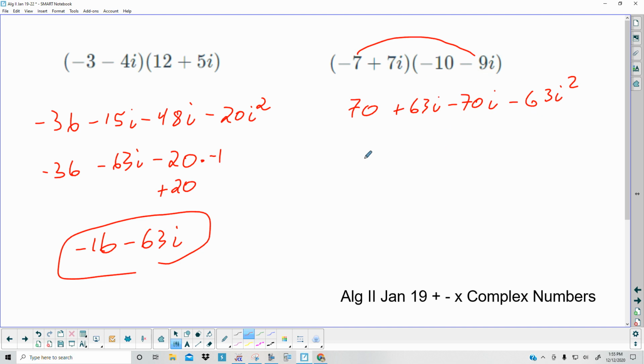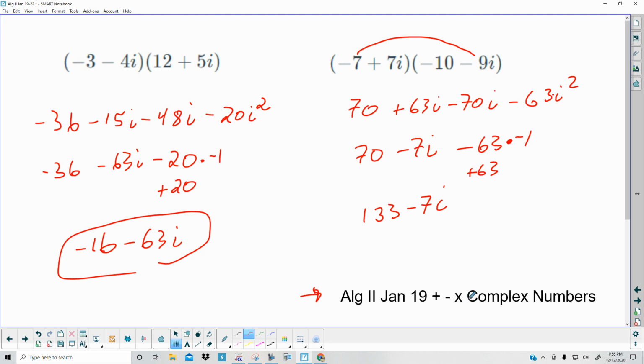Okay, but I did something wrong. Hate that when I make arithmetic errors. Minus 7i, and that's minus 63 i squared. It's a product, it's negative 1. So that turns into plus 63. And 70, 133 minus 7i, I think, is what that would be.